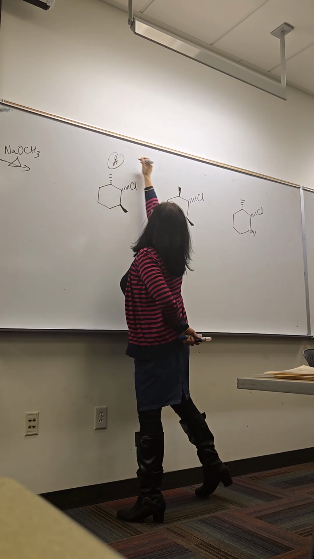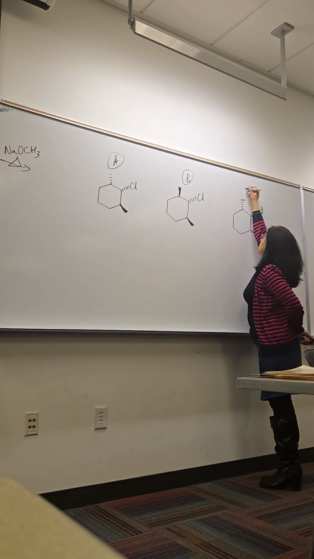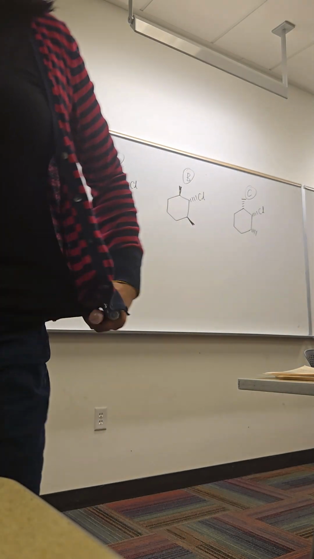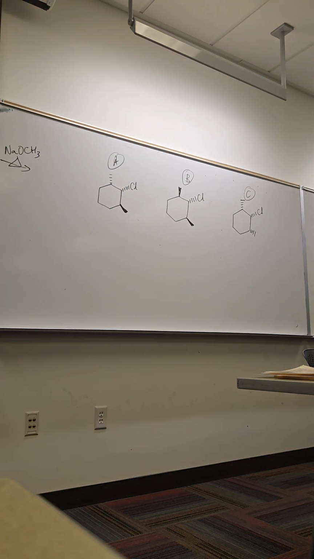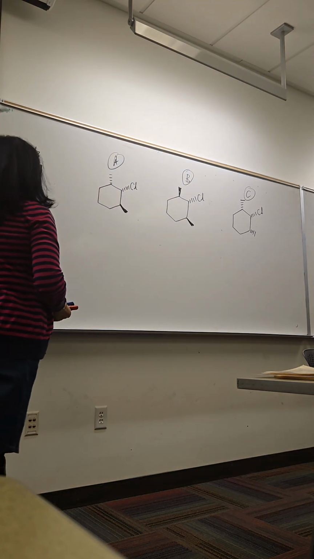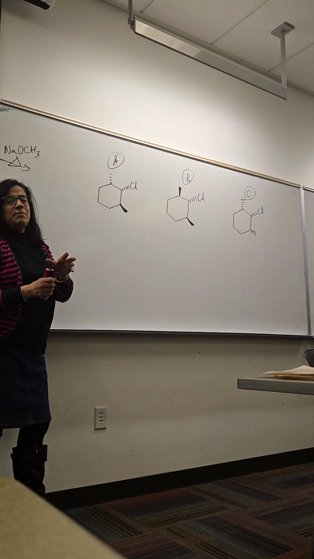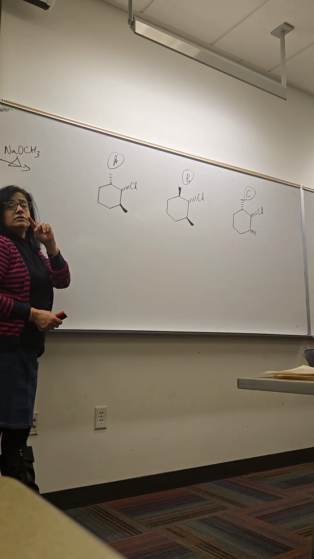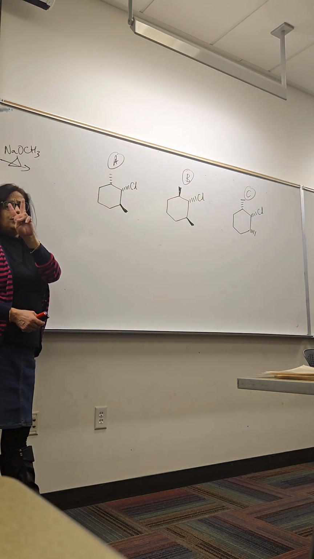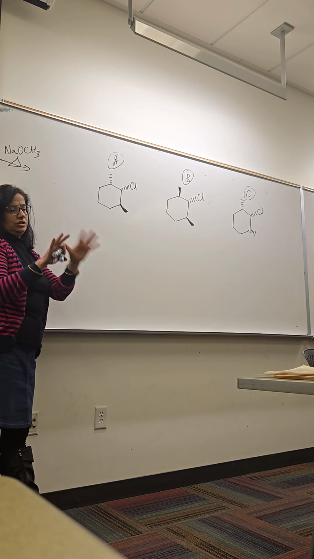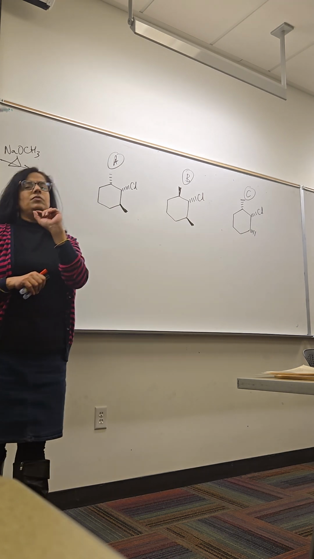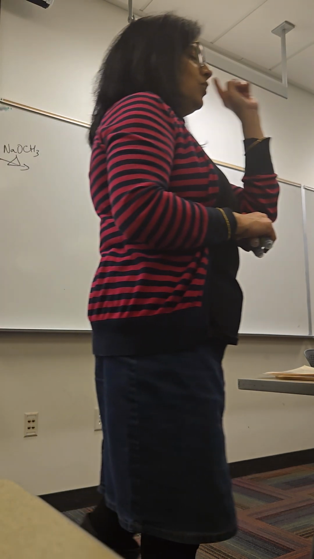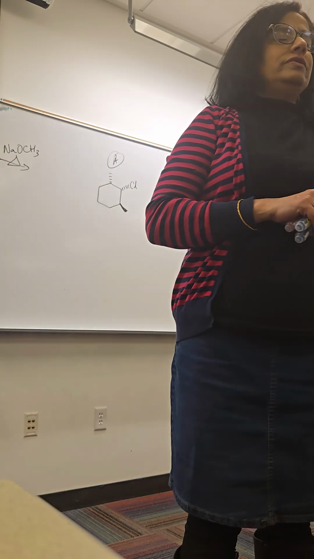Let's call them A, B, and C. The question is, when these are heated with a base and E2 happens, one of them makes 0 products, one of them makes 1 product, and one of them gives us 2 products. You have to match which one is capable of giving no E2 products, which one produces 1, and which one produces 2 E2 products.